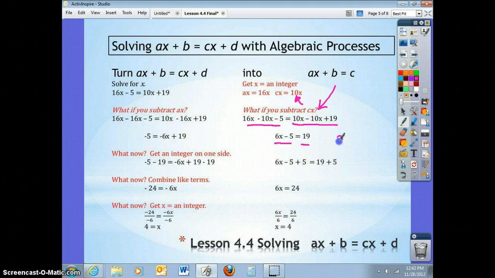That is now in the form of ax plus a negative b equals c, and that's an easy problem for us to solve. We just add 5 to both sides, and we get 6x equals 24. Then we kill Bill by dividing both sides by 6, and we get x equals 4.